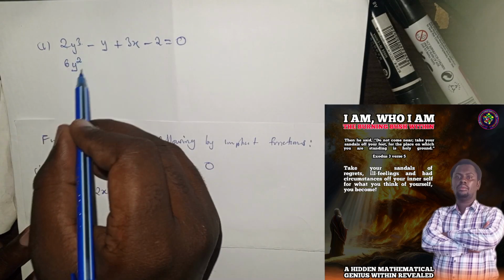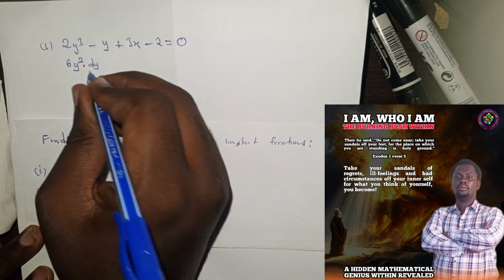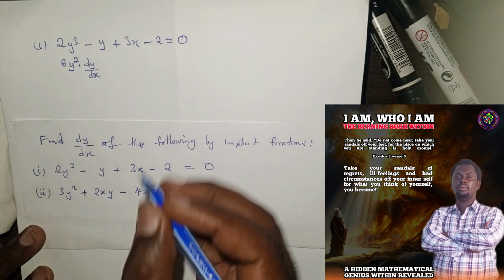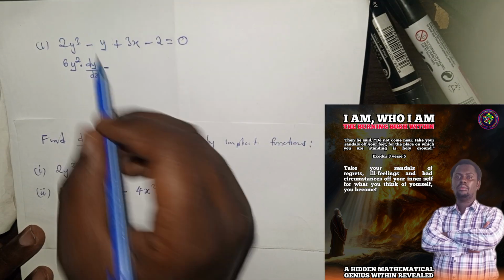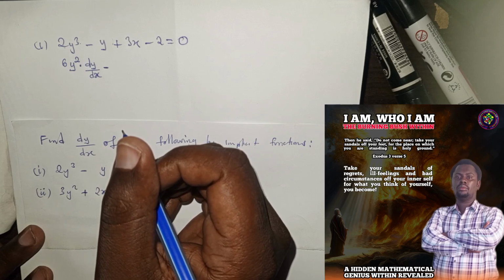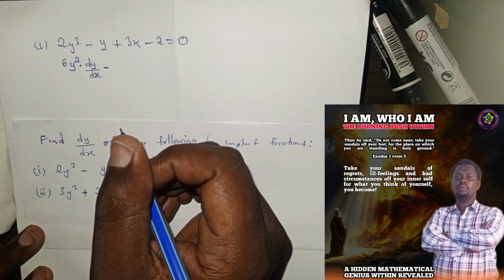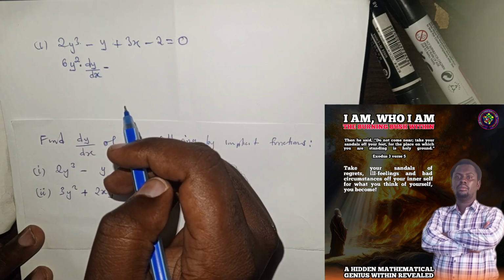Now, since this is not in terms of x, multiply by dy/dx. Okay, minus the derivative of y. Since this is just a single variable, it gives us a 1, but it is not in terms of x, so you multiply by dy/dx.